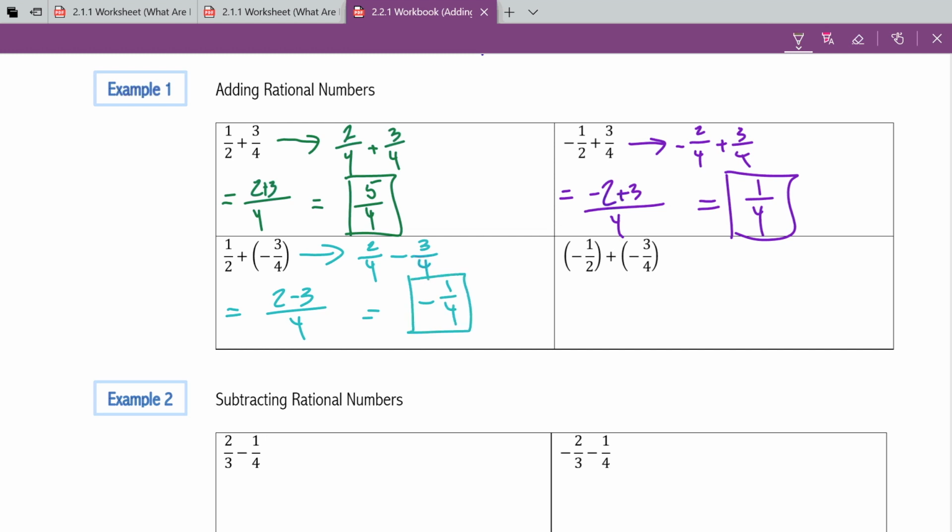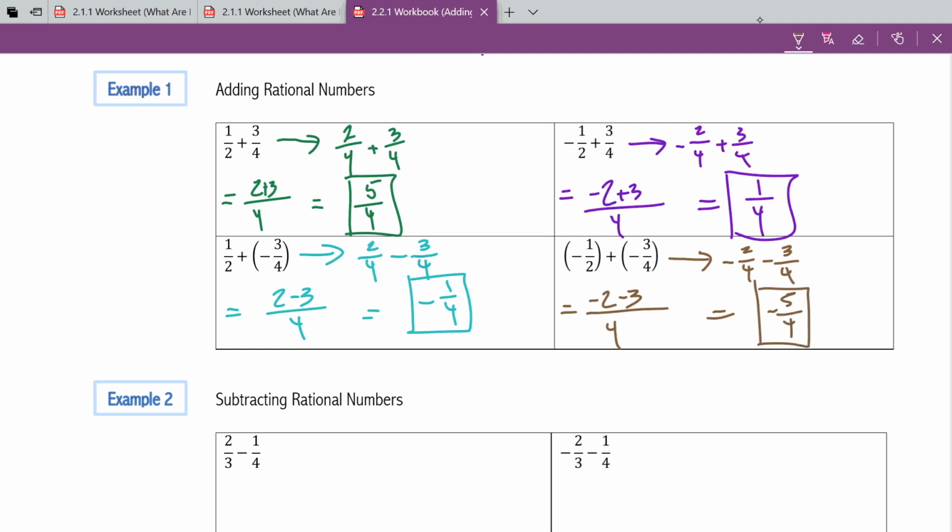And finally, the last example, let's once again start by converting -1/2 into a fraction out of 4. So we're going to get -2/4 plus -3/4, which is the same as simply subtracting 3/4 straight away. And so when we rearrange this and simplify, we're going to get -2 minus 3 all over 4. And when we simplify that mess, we're going to get -5/4. All right.